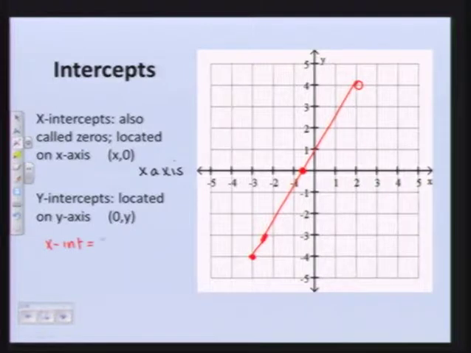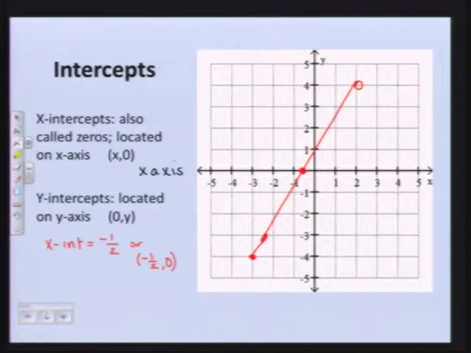I'll estimate that at -1/2. Fractions over decimals, I always say. If it allows you to give your answer in decimal form, that's fine. I prefer fractions, just a little bit more exact. So we can say x-intercept equals -1/2, or we can write that as -1/2 and 0. That would be the ordered pair. -1/2 goes with 0. It's on the x-axis.